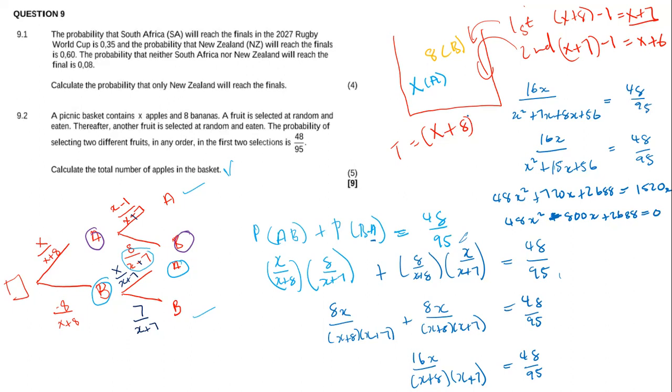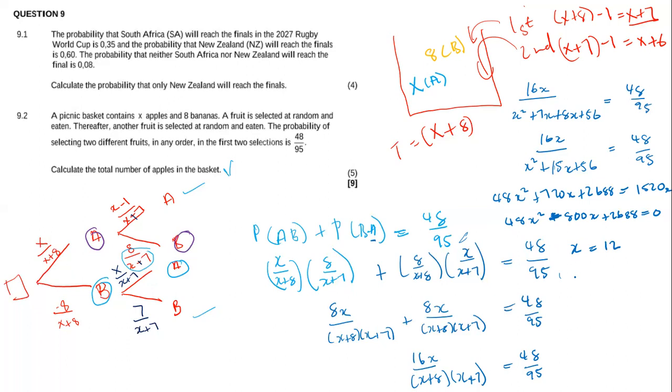In order to solve this equation, we can simply use the quadratic formula, because it would be a lot of work to factorize. When you use the quadratic formula, the correct x you get is 12.